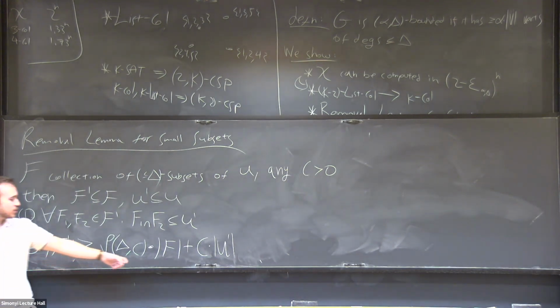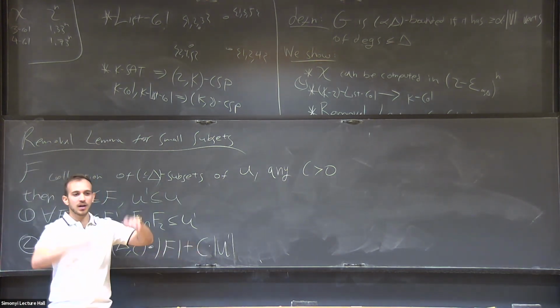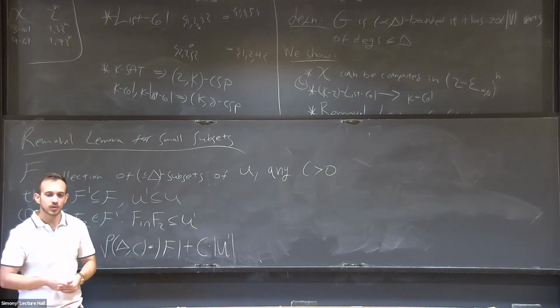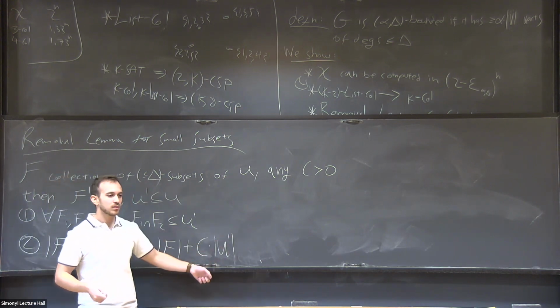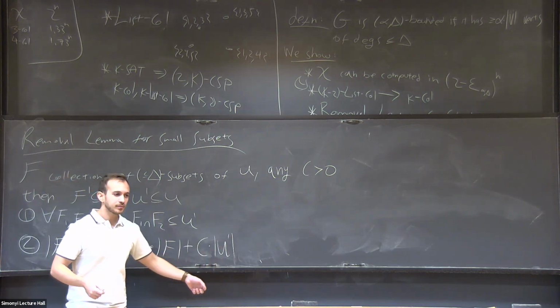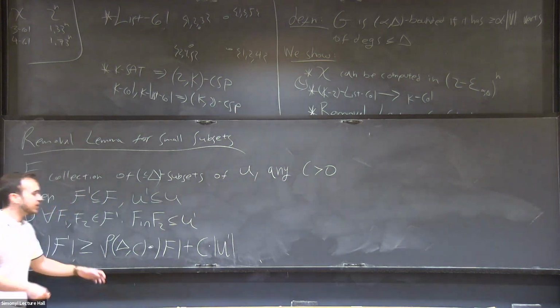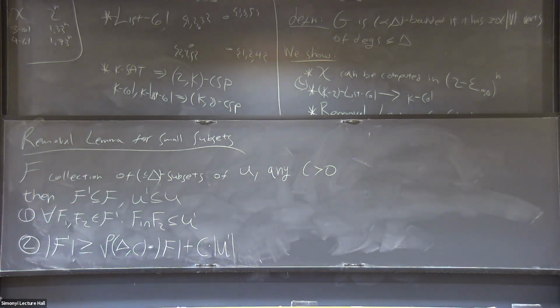So f prime is also larger than c, which is an arbitrarily large constant that we picked, times u prime. Right, so this basically means that if I have some collection of small subsets in any universe, then I can delete a very small portion of the universe and get a large sub-collection that is fully pairwise disjoint.